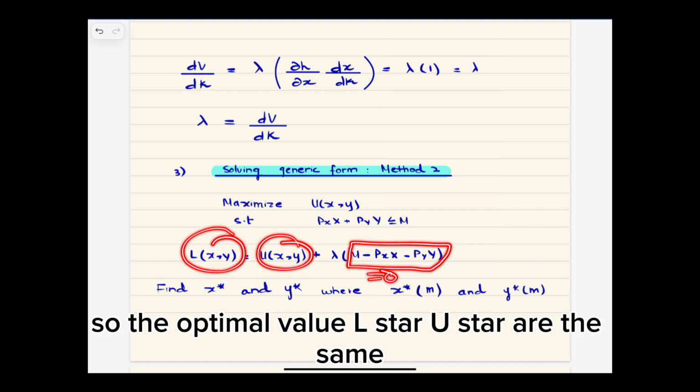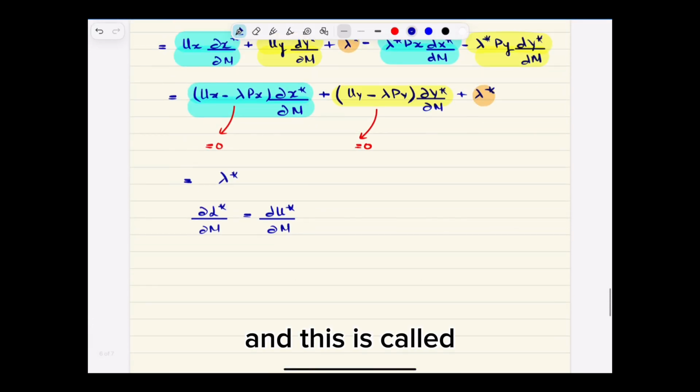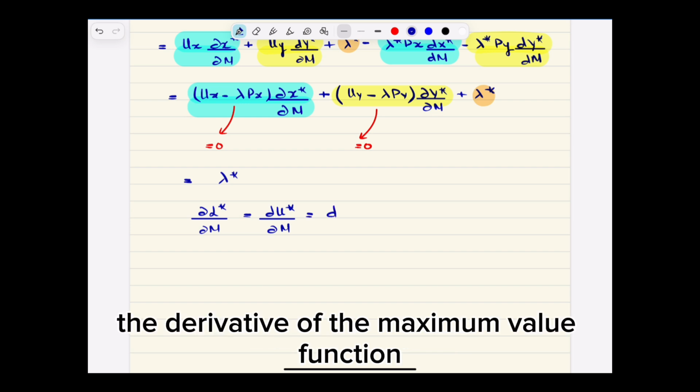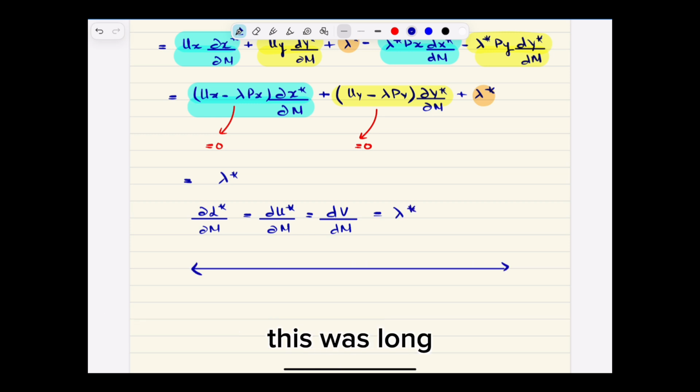So the optimal values L star and U star are the same. And this is called the derivative of the maximum value function with respect to M, which is now lambda as required. Okay, phew, this was long.